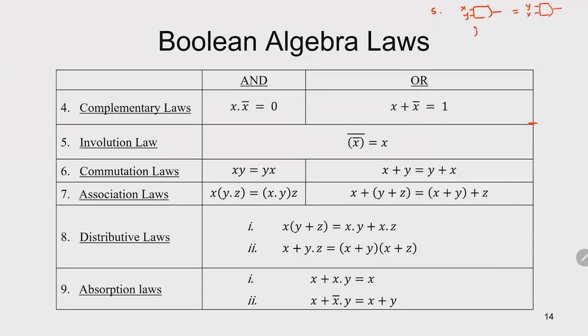Similarly for an OR gate, and that's the same. I think some students asked me about this in the lab last week. Does it matter which pin I put, A or B? Okay, so it doesn't matter. This is the law that tells you that it doesn't matter which way around you put the input.